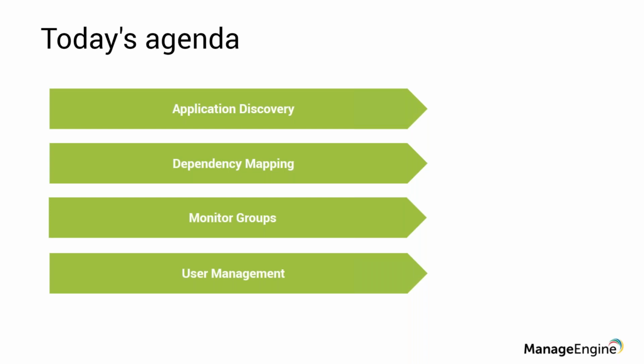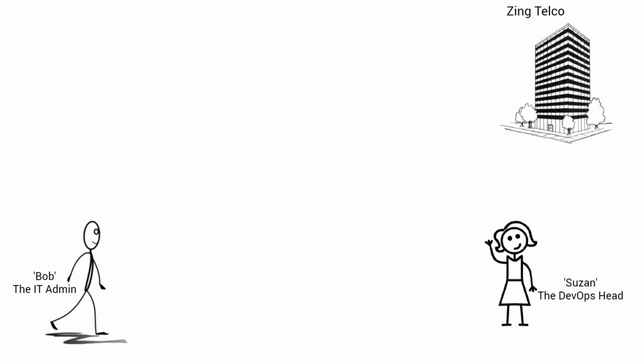So before we tread ahead, let me introduce you to our protagonists today, Bob and Susan. I'm sure we can all relate to Bob and Susan when I say that a typical day in their life begins with worry, where Bob begins worrying about the well being, the health, and availability of his application servers, his database servers, his virtual machines, his middleware technology, and so on.